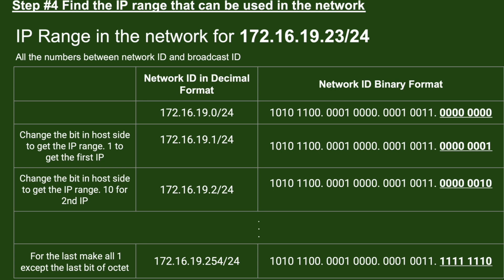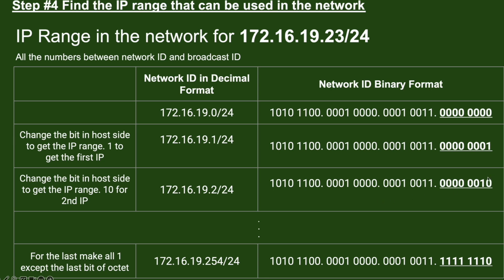Once you increment the host part by 1, where in our case it is 00000001, that becomes the first IP address, 172.16.19.1, when you convert it into decimal format.